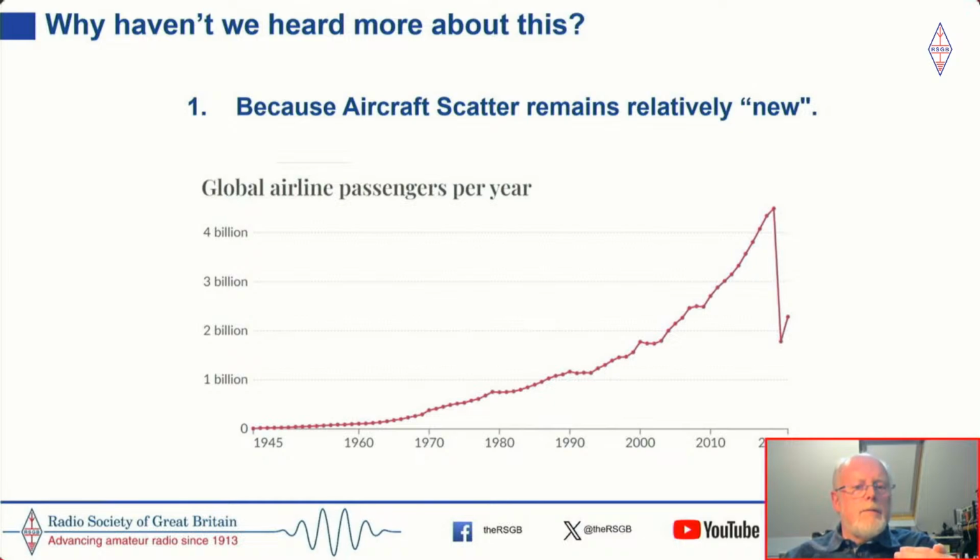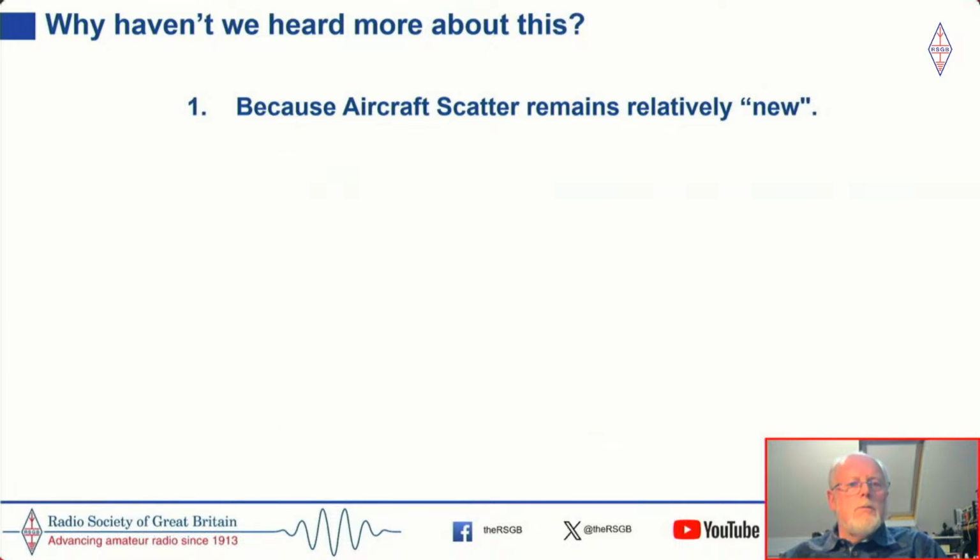Prior to that, airline travel was a rich person's privilege, but gradually things began to move, and I'm going to put about 1970 as the time when it really got some momentum and started into steady growth.